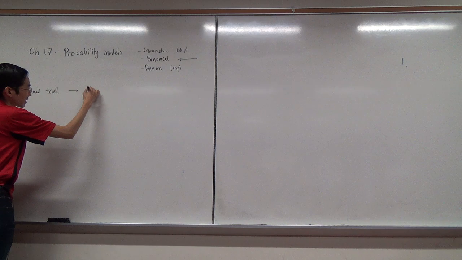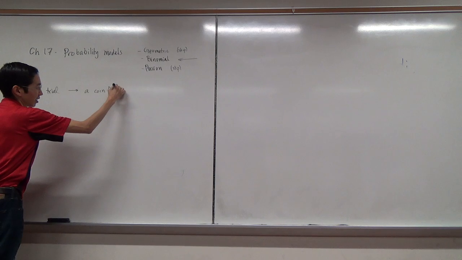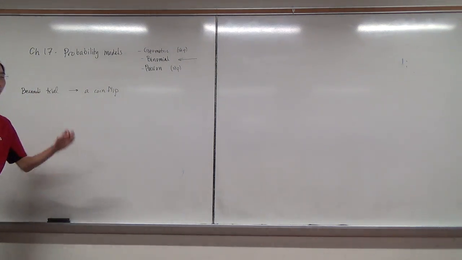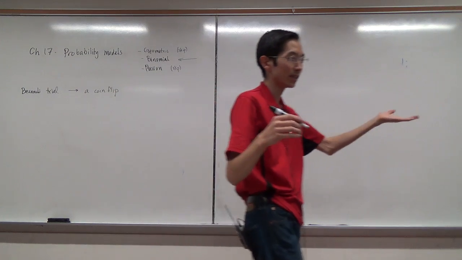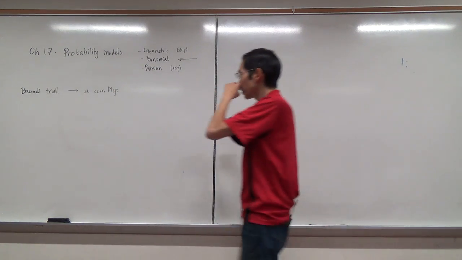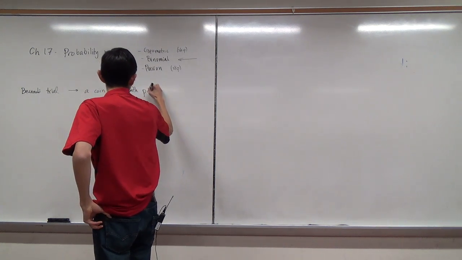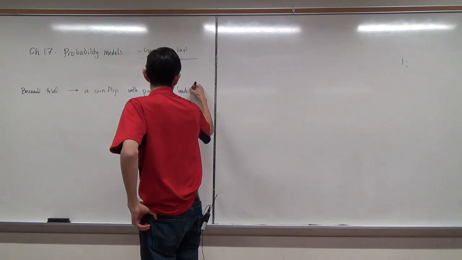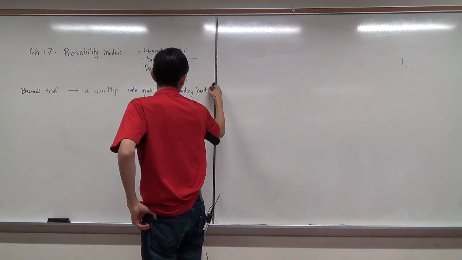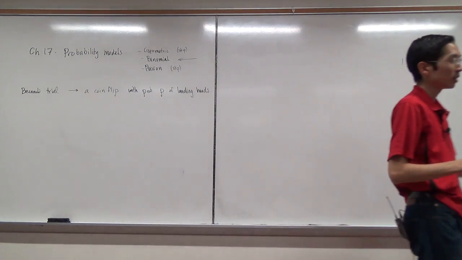You can just think of it as a coin flip, but you get to select the probability that it lands on heads. A coin flip with probability P of landing heads. That's basically what a Bernoulli trial is.